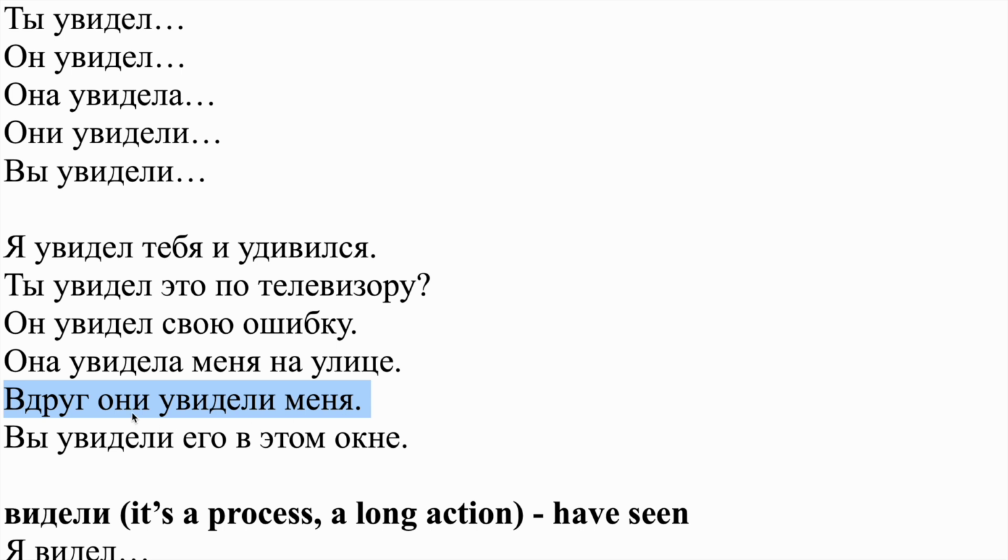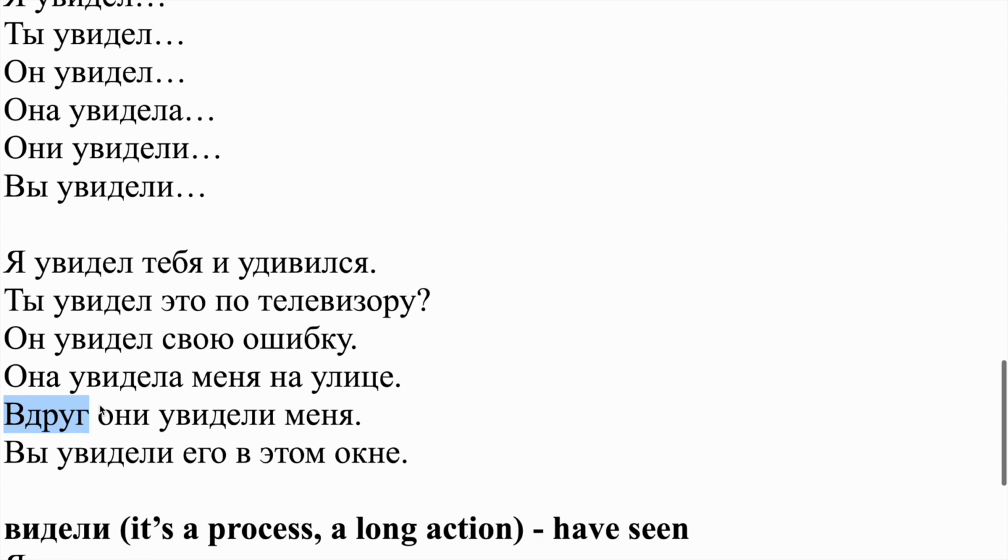Вдруг они увидели меня. Suddenly we translate in Russian as вдруг. Вдруг, also a very useful word for you. I hope you agree with me that this is a short action. Suddenly they saw me. Вдруг они увидели меня.